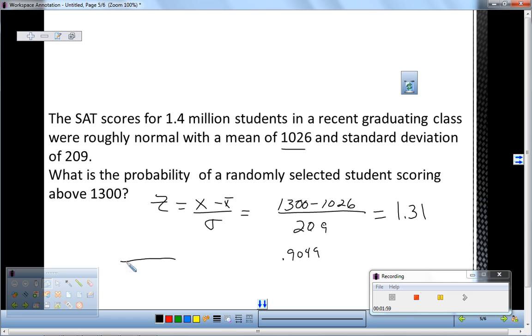So just a little visual here. If this is our curve, that would be our mean, somewhere in there. And then the 0.9049 is everything that way. But we want everything this way. So we know that has to add up to 1. So what we do is we just take that value and subtract it from 1.